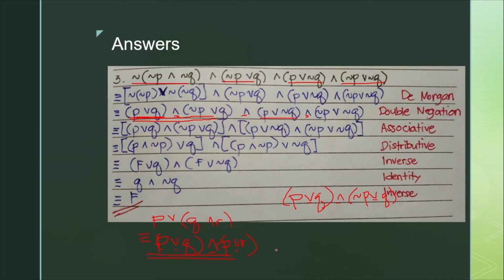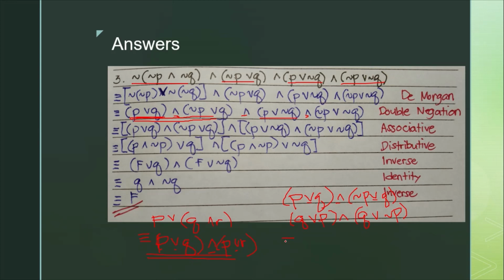However, the difference is that the letter P is present in both groups here, and Q is present in both groups. So I can rearrange this to (Q or P) and (Q or not P). Then you can use the reverse distributive law.